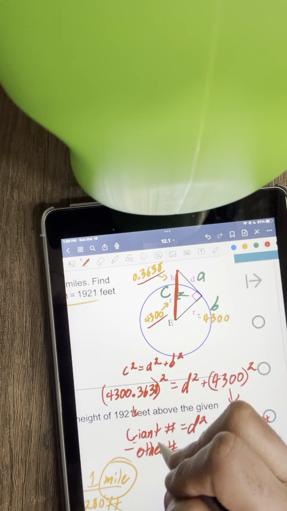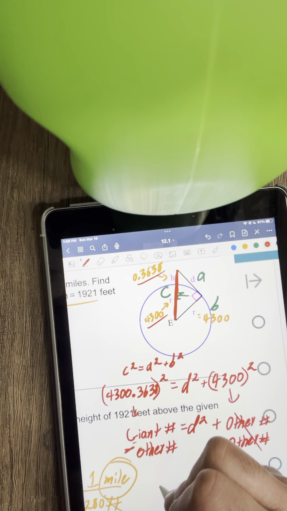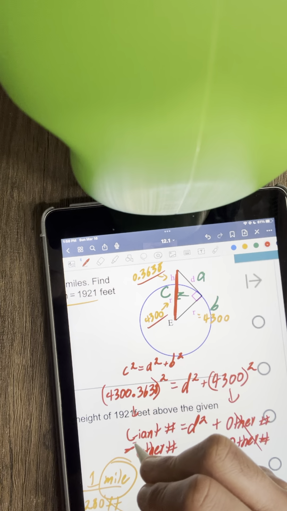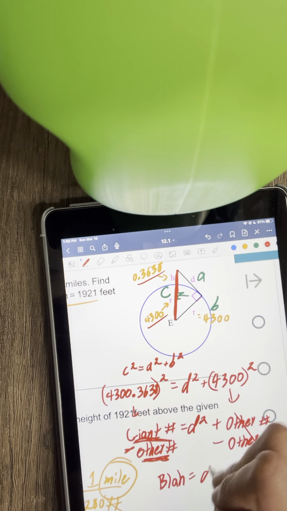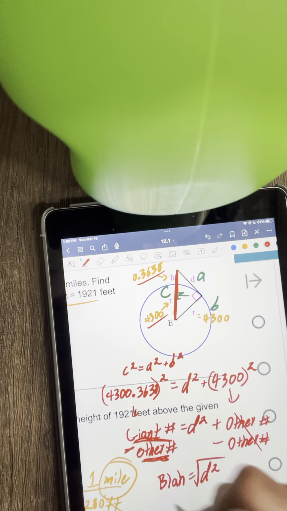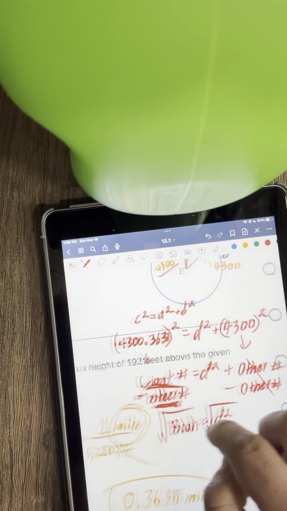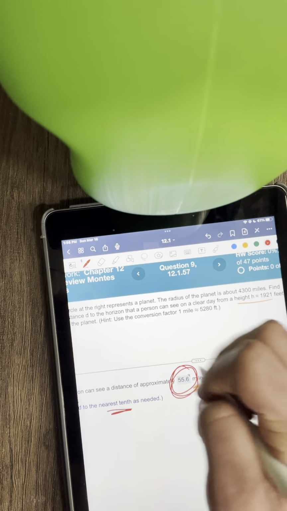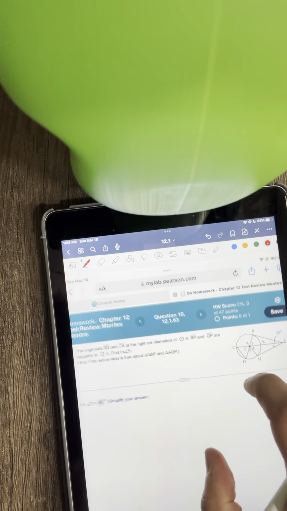So this giant number minus this other number right here, and let's put blah. So now my giant number minus my other number will give me blah, which is equal to d squared. And how do I get rid of this d squared? I have to square root it. So whatever this blah number is, we're going to square root it. And that should give me, rounded to the nearest tenth, this distance. Okay? So now let's go on to the other one.